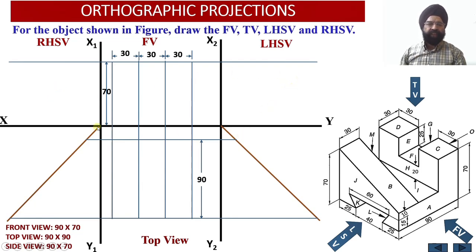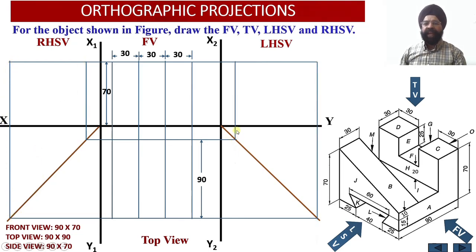So using the transfer lines, this is transfer line number 1, this is transfer line number 2, please see, we have been able to transfer this depth of the solid into the right hand side view first and then the left hand side view.